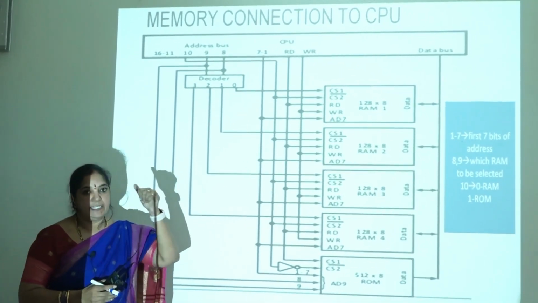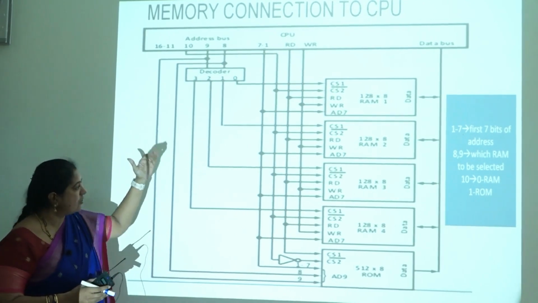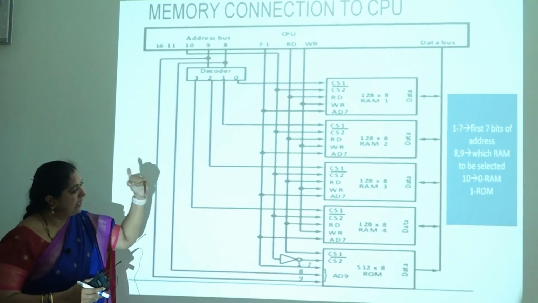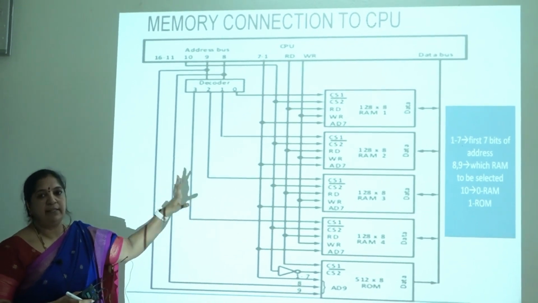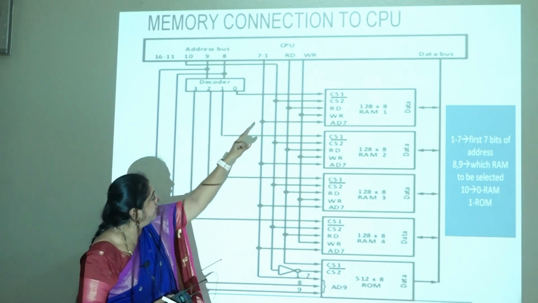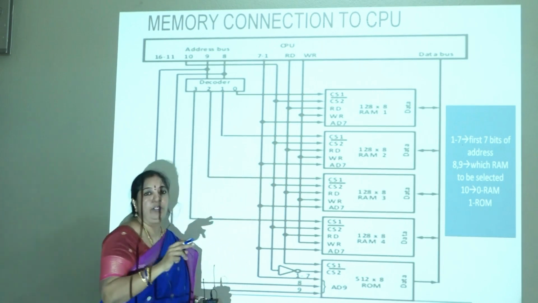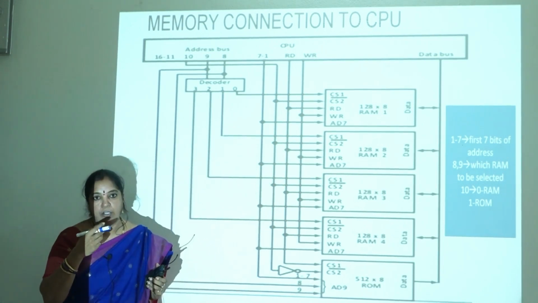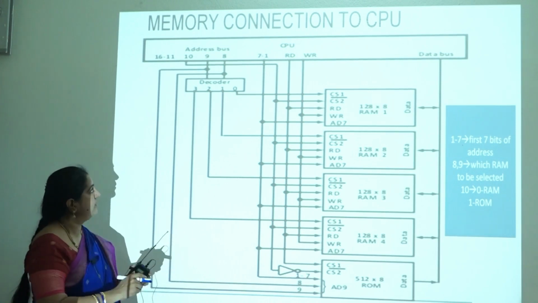If the bit is set to 1, then that operation is performed. The various combinations, when the read operation is performed and when the write operation is performed, were clearly explained in the previous slide. Now these read and write bits decide whether you are going to perform a read operation or a write operation.